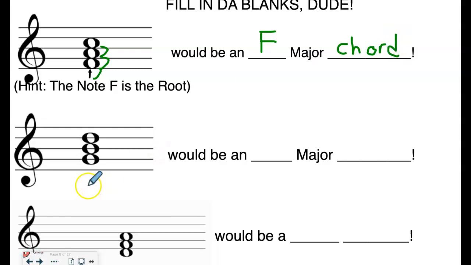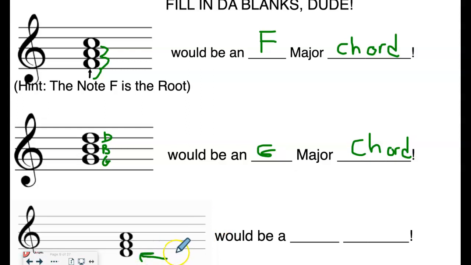How about this one? If you have G at the bottom, this middle one is B, this top one is D, you would have a G major chord, right? Easy enough. And then what about here?